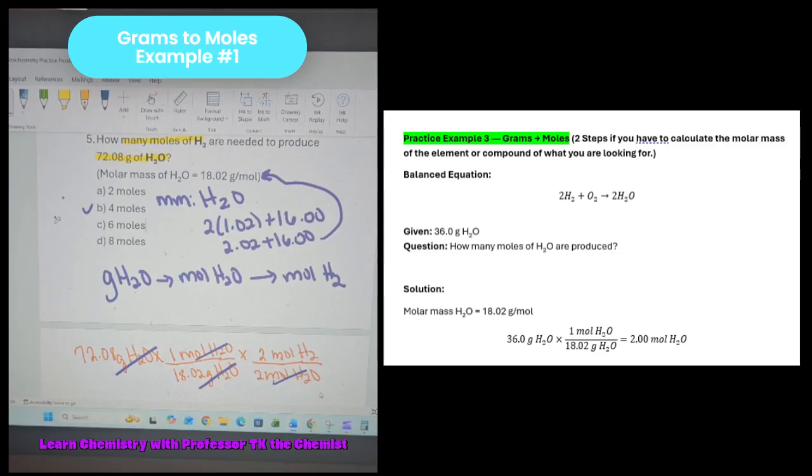Very good question. I thought moles equals grams times molar mass. Why did you divide the grams and molar mass? Right here at this step, I'm glad you asked that question. I'm going to highlight it in yellow. You see this?